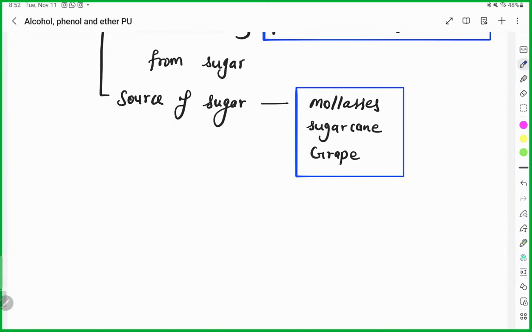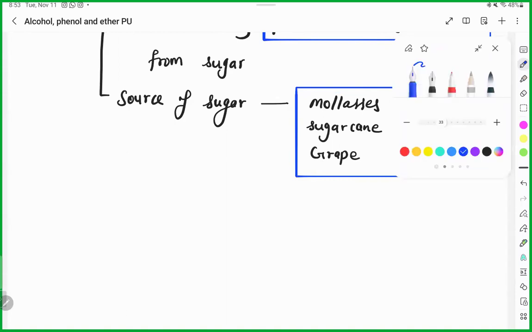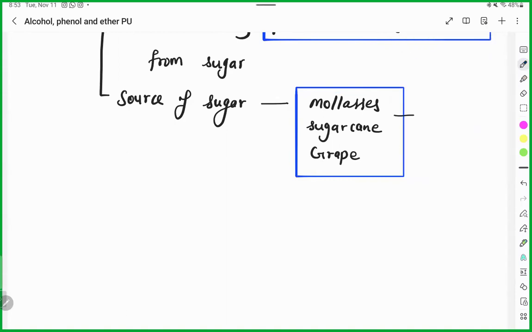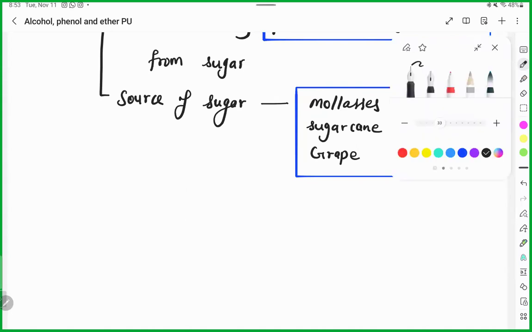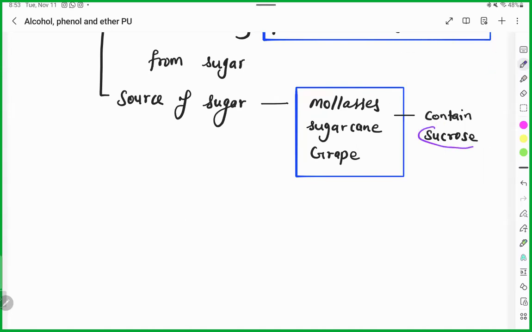Because all three of these contain a lot of sucrose. Sucrose is the main source of ethanol formation, not glucose. Glucose we get from sucrose. So what is the main source? Ultimately, chemically, it is sucrose.